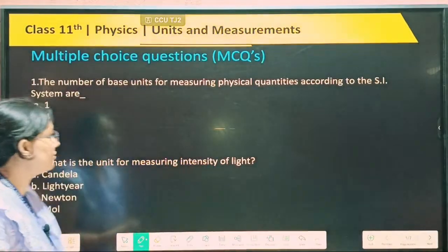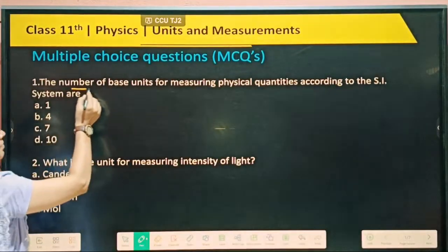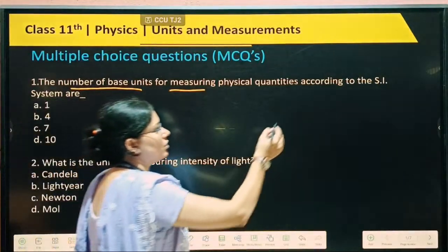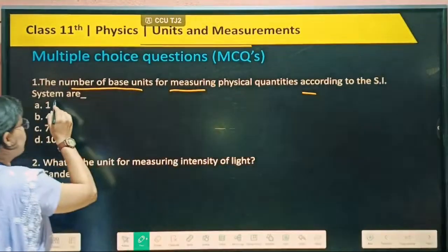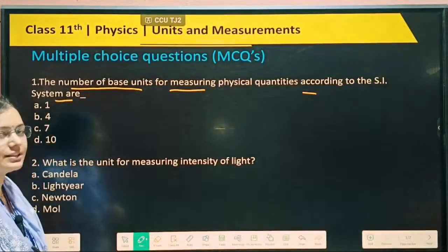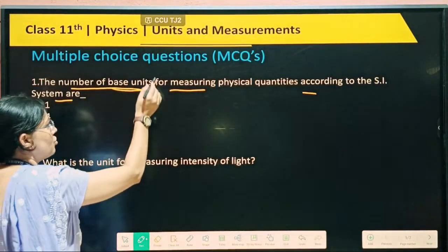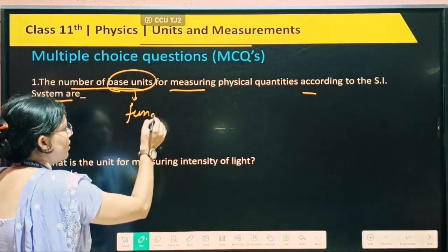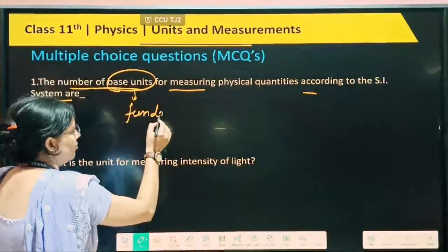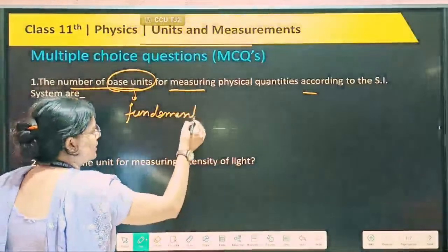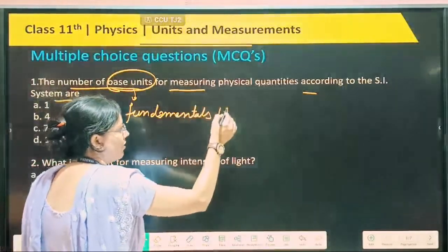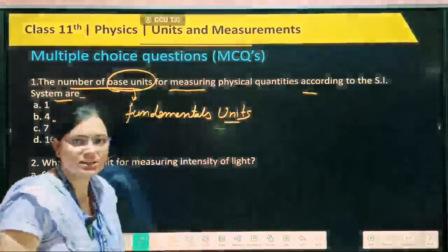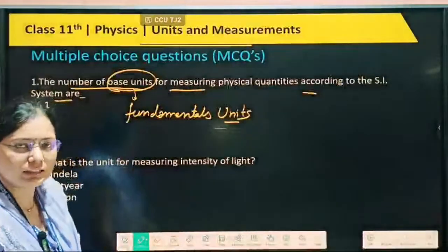Our first question: the number of base units for measuring physical quantities according to the SI system. Our base unit, that is, the fundamental unit. We will revise fundamental units with this question also. We have done two types of units, fundamental units and derived units.